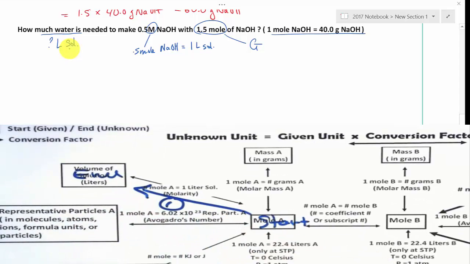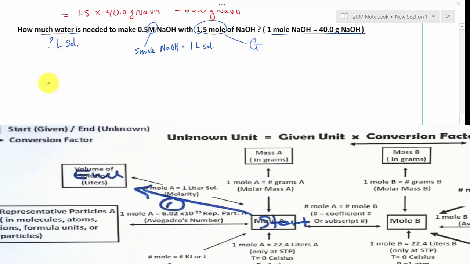Isn't that easy? So let's set this up. Of course, the same setup like this. What is the unknown? We are looking for question mark liters of solution. Well, the solution is made of the volume of water because the substance is too small to make any volume changes.